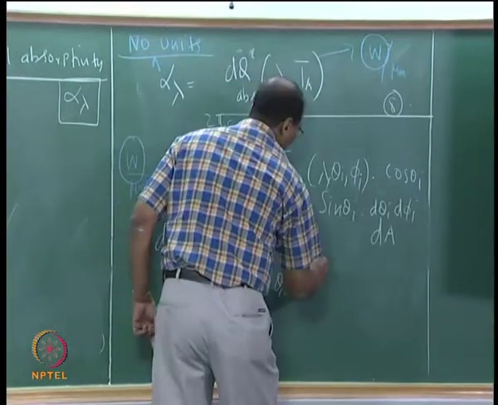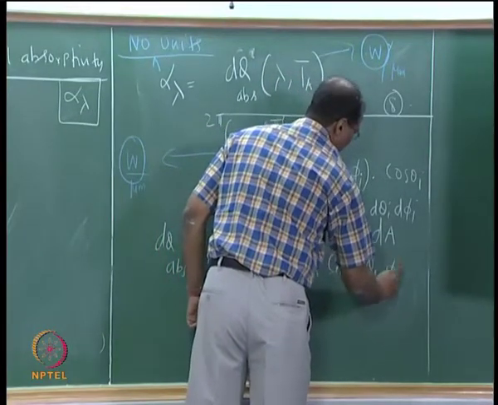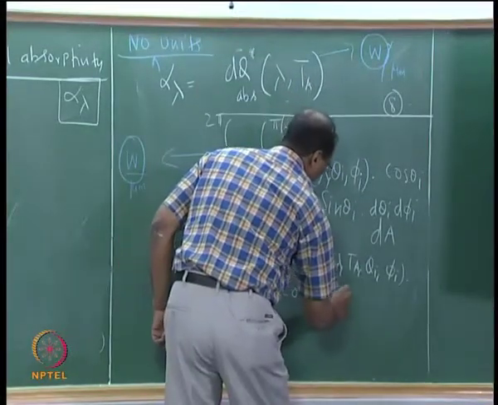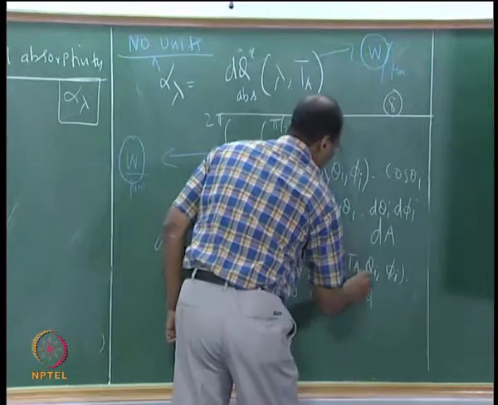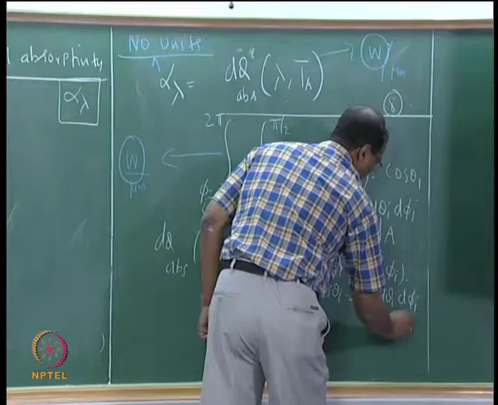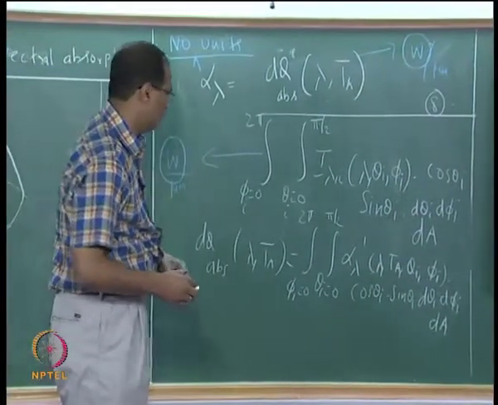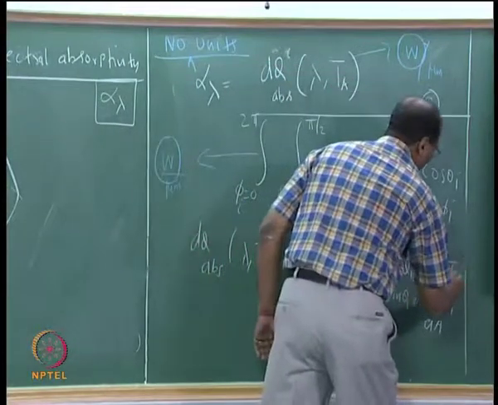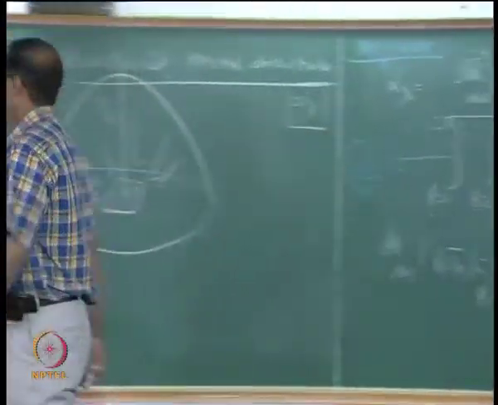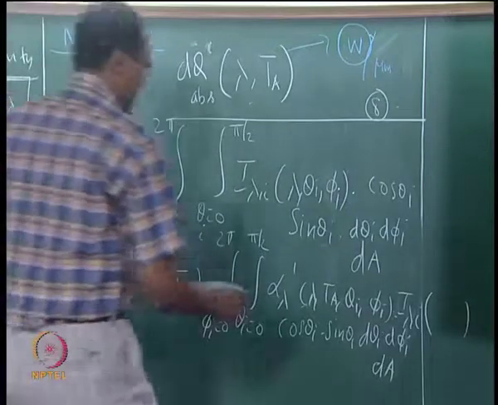Now this will be alpha lambda dash, into I lambda I. Yeah, put that bracket. We will call this equation 9.